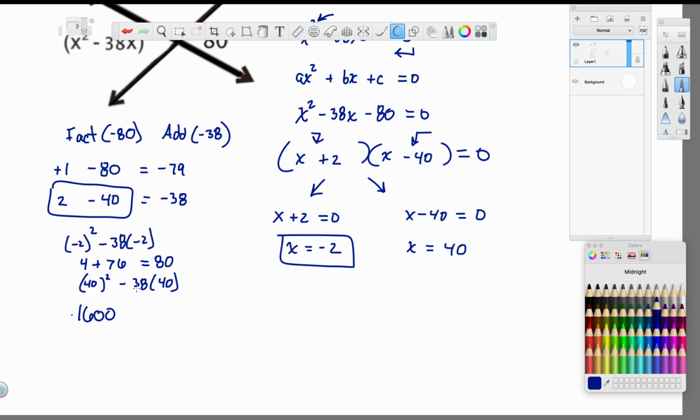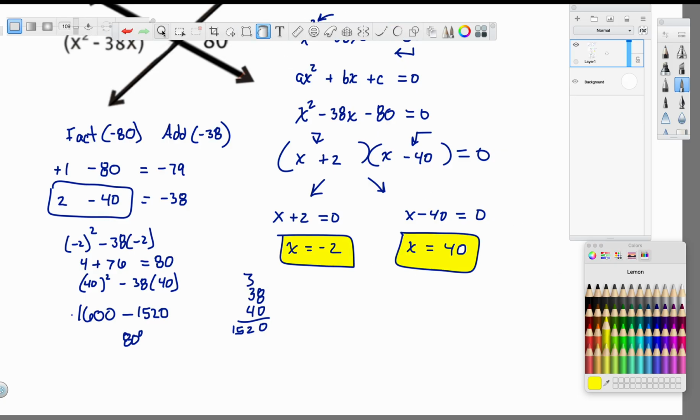And then 38 times 40, well, I guess I'll just do it by hand here. 0, 0. 4 times 8 is 32. 4 times 3 is 12. 13, 14, 15, so 1520. So this would be minus 1520. 1600 minus 1520 is 80. So that worked too. Both of these solutions are good solutions, and we've solved the problem.